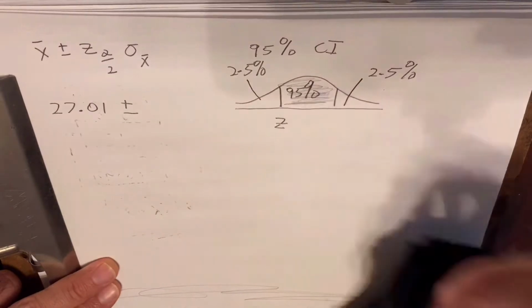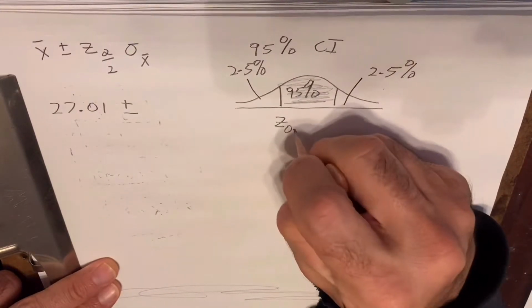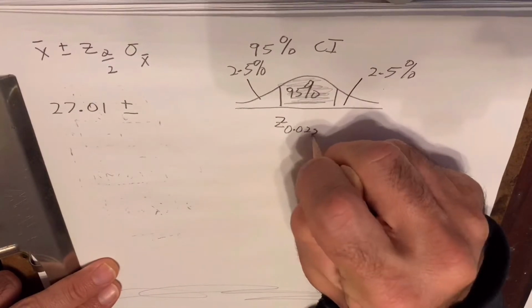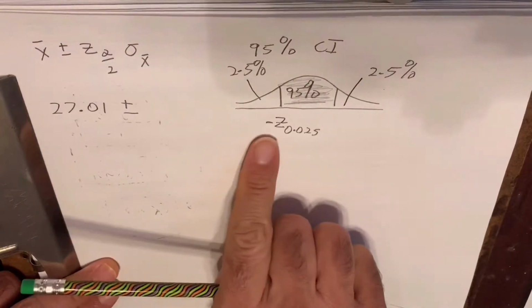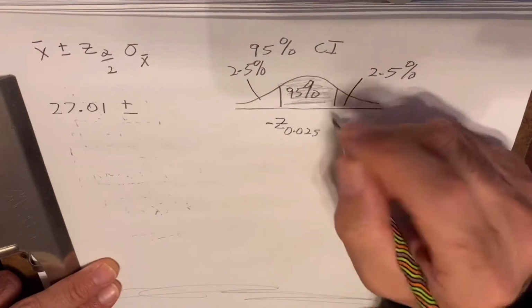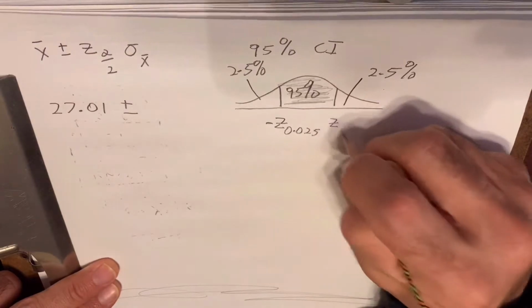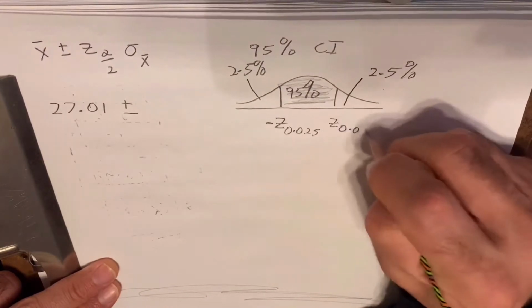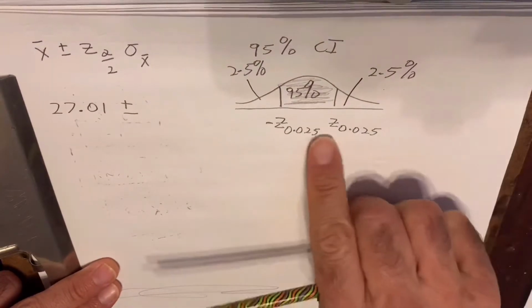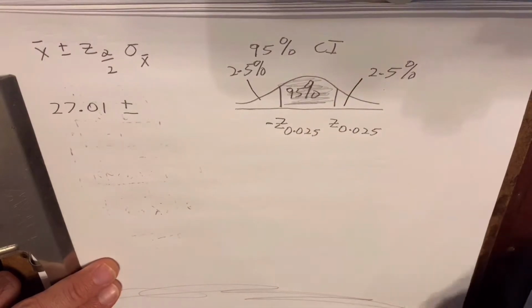This is z sub 0.025, but it's negative because it's in the left tail. And this is z sub 0.025, and it's positive because it's in the right tail.